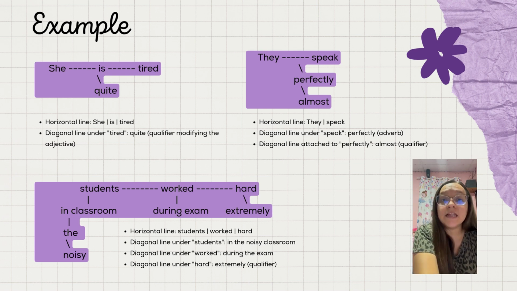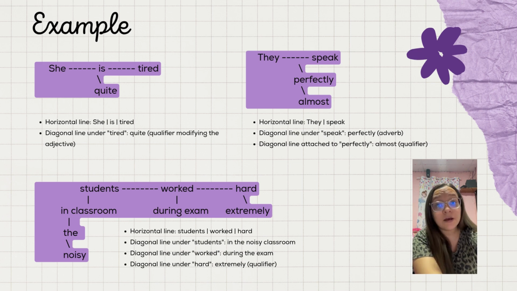Let's take a look at the sentence diagram. She is quite tired. On the horizontal line, we place the main part of the sentence.